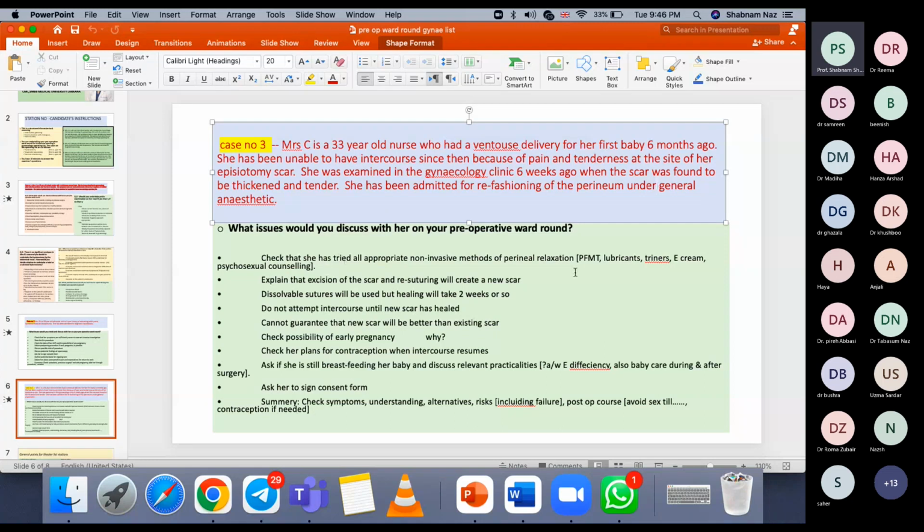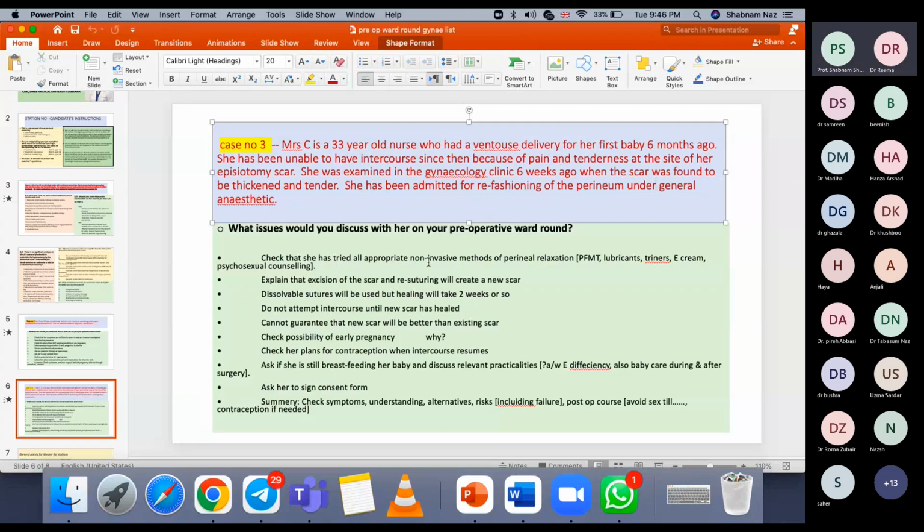Ask her about pelvic floor muscle exercise, use of lubricant, use of trainers, use of estrogen cream, and psychosexual counseling. You confirm whether she tried all these appropriate non-invasive methods. Non-invasive methods are tried first, and if she hasn't tried them, why are we going for this?